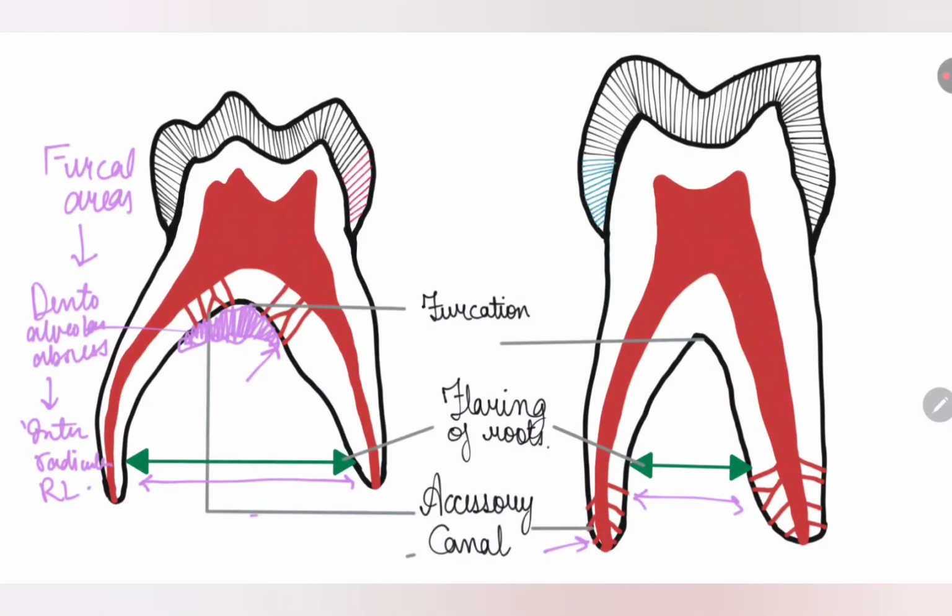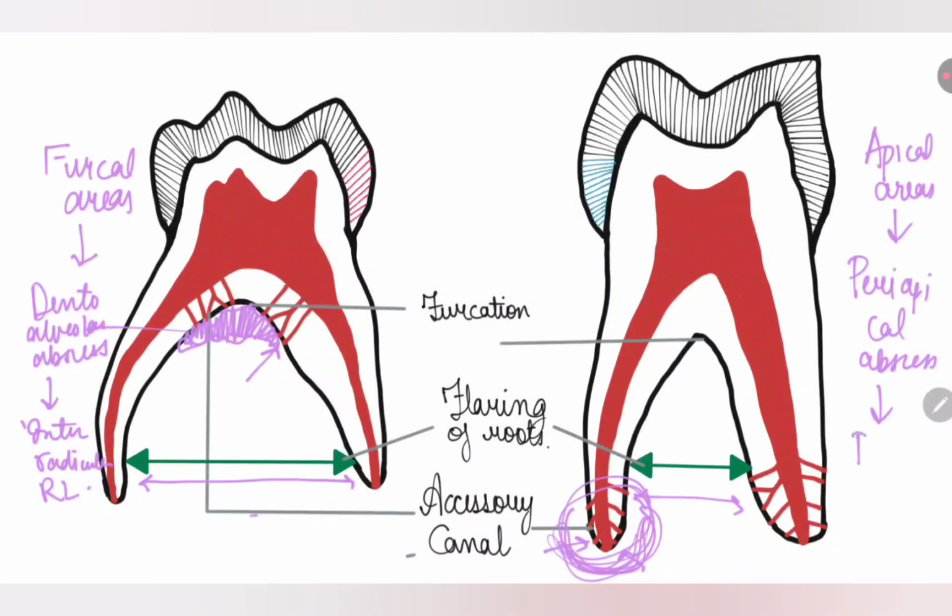Whereas in permanent teeth, we have more apical accessory canals. The accessory canals are located more apically. So since there are more accessory canals in apical areas, the spread of infection is always periapical in this region, right? So there is more periapical abscess seen in permanent teeth, and therefore we see periapical radiolucency in permanent teeth, right?